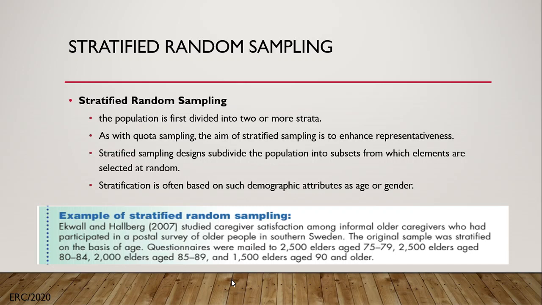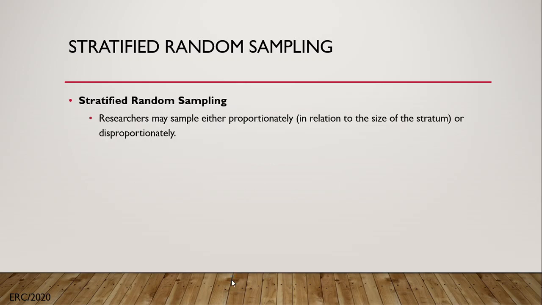Questionnaires were mailed to 250 elders aged 75 to 79 years old, 2,500 for elders aged 80 to 84, 2,000 elders aged 85 to 89, then 1,500 elders aged 90 and older. So in stratified random sampling, researchers may sample either proportionately or disproportionately.